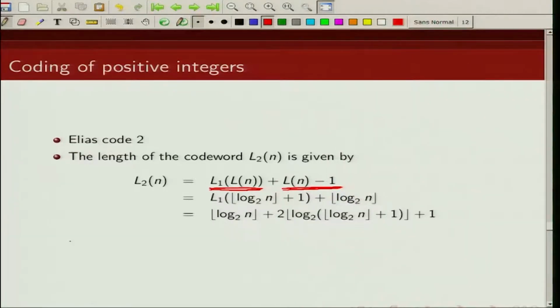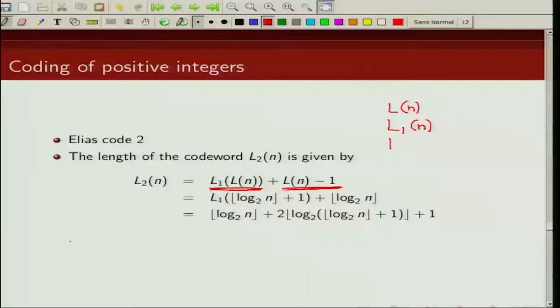Please note, I am using this notation L of n to denote the length of the code word for the binary representation of the positive number n. I am using this notation L1 of n to denote the length of the code word which has been encoded using Elias code 1, and I am using this notation L2 of n to denote the length of the code word which is encoded using Elias code 2.